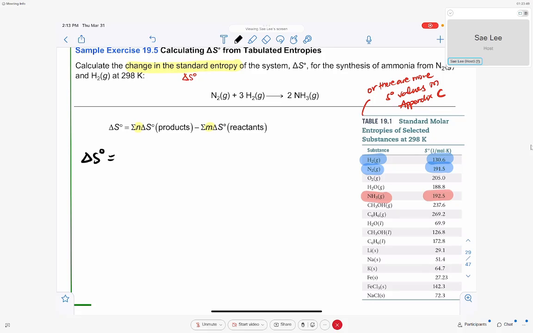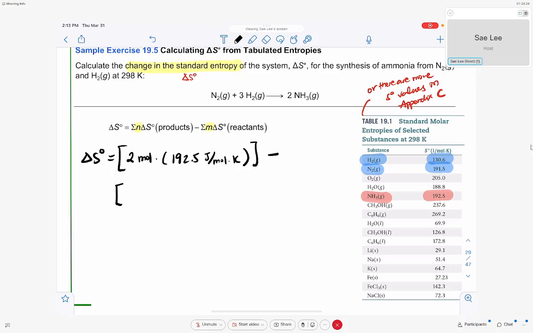Don't forget the coefficients. For the products, we have 2 for the coefficient: 2 mole times 192.5 joule per mole Kelvin, minus the reactants.